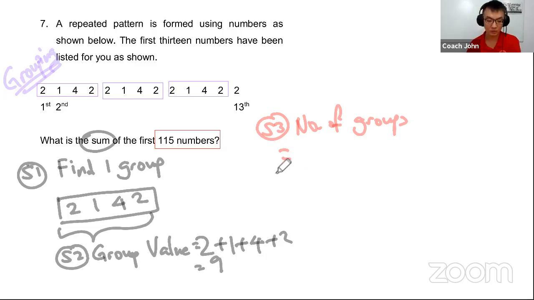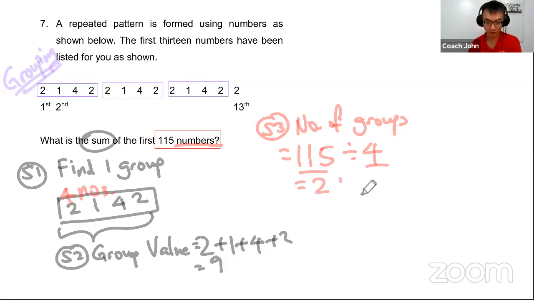So in fact, this is talking about numbers. There are 4 numbers here. So what do we do next? We take 115 divided by 4. Numbers divided by numbers. Don't go and divide by 9. It's a very common mistake.